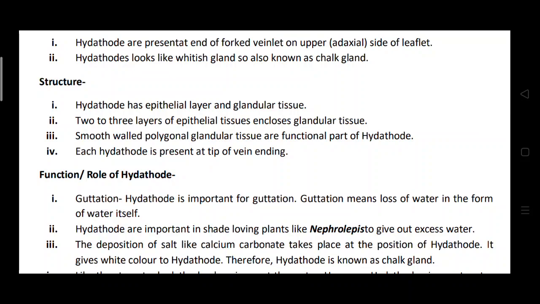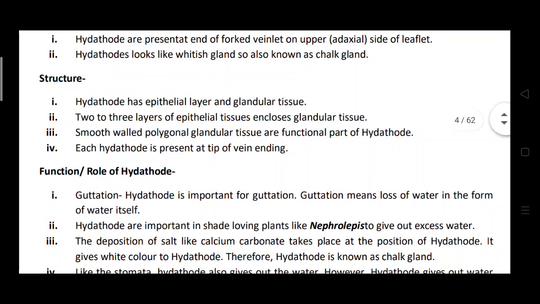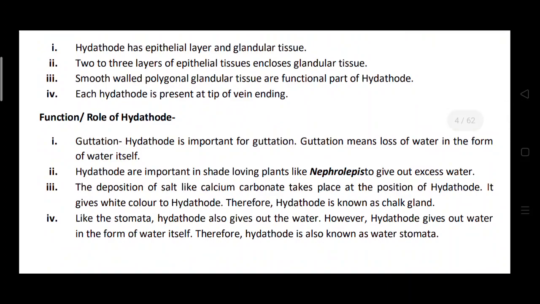Glandular tissues are smooth-walled polygonal glandular tissue, and they are the main or functional part of the hydathode. Each hydathode is present at the tip of the vein ending. The main function of the hydathode is guttation. Guttation means they lose water in the form of water itself.